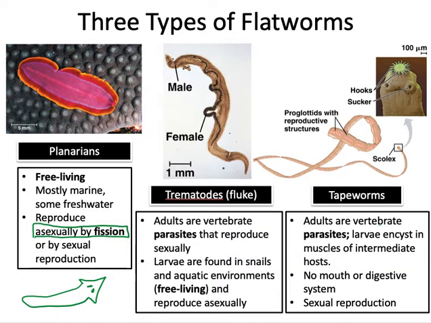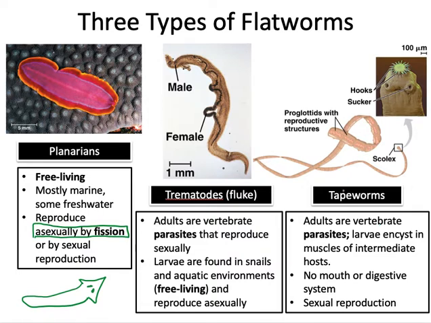Tapeworms are a parasitic group of flatworms. All tapeworms are vertebrate parasites. The larva can be lodged or encysted into the muscle tissue. So this is one reason why it's really important to fully cook meat like pork, because if there's tapeworm larvae in the center of that meat, which is the muscle tissue, you have to make sure that that gets cooked, or you could ingest those eggs and get a tapeworm infection.